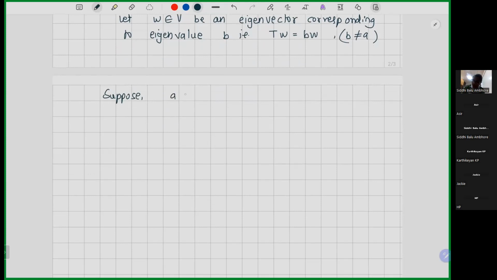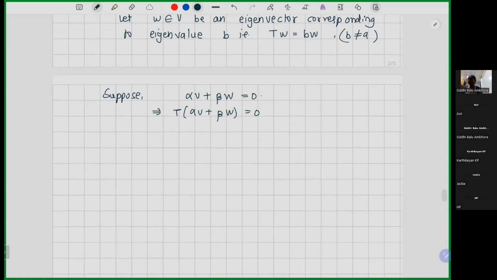So suppose alpha v plus beta w is equal to 0. We will check whether alpha and beta are 0 or not. So this will imply that T of alpha v plus beta w will be 0, because T is a linear transformation, 0 goes to 0.